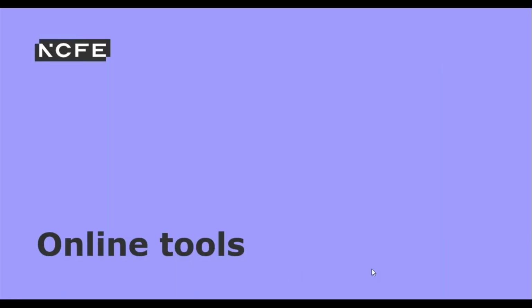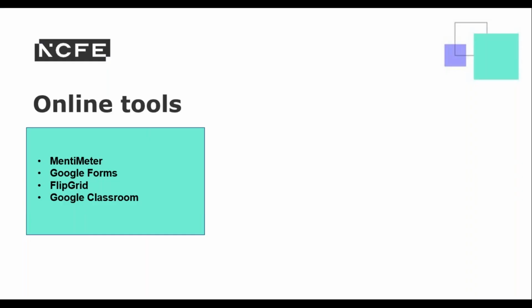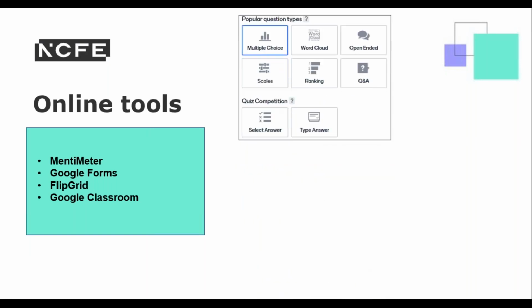We will now look at online tools that can be used to support exam techniques and revision strategies. There are so many online tools you can use with learners. Here are a few that are available, and there are many more. Mentimeter, a great interactive classroom activity.